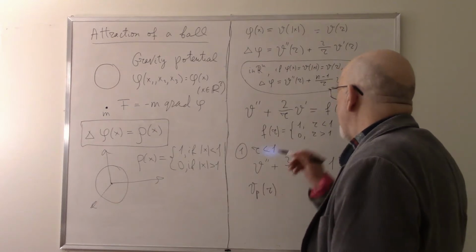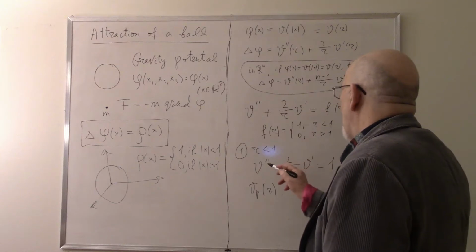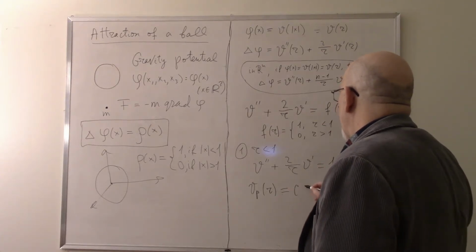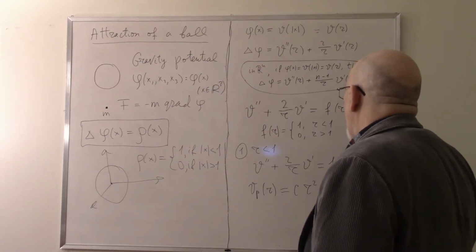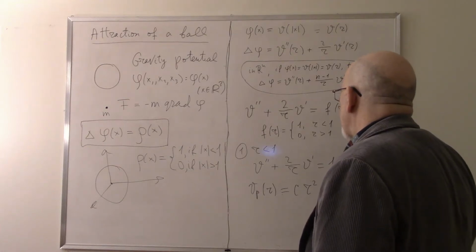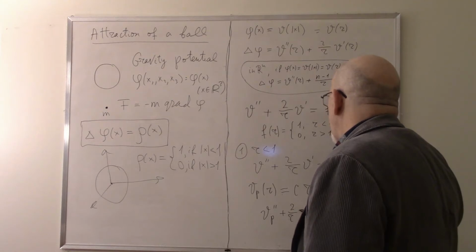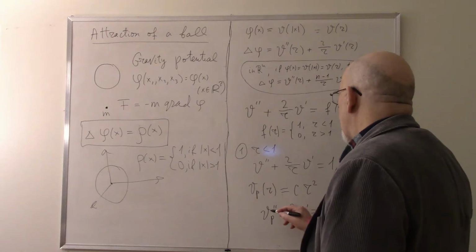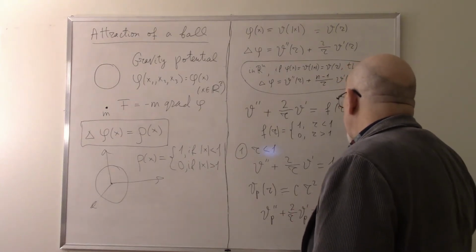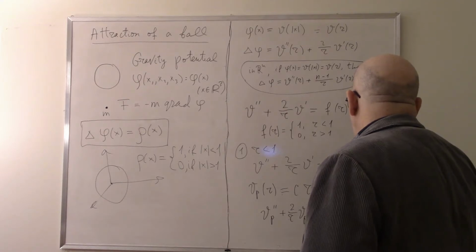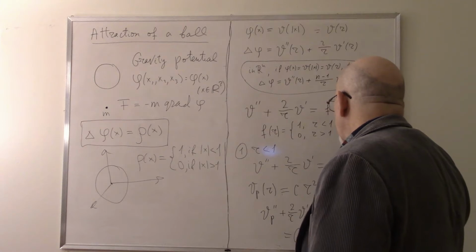If you substitute here some constant c times r squared, then vp double prime plus 2 divided by r vp prime equals: the second derivative is 2c, plus 2 divided by r times 2c r, equals, all in all, 6c.